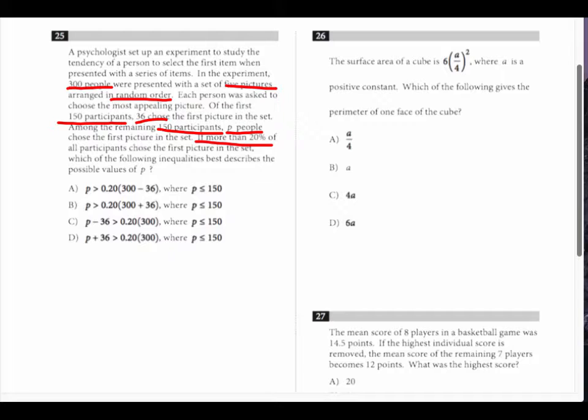So of the first 150 participants, 36 chose the first picture.